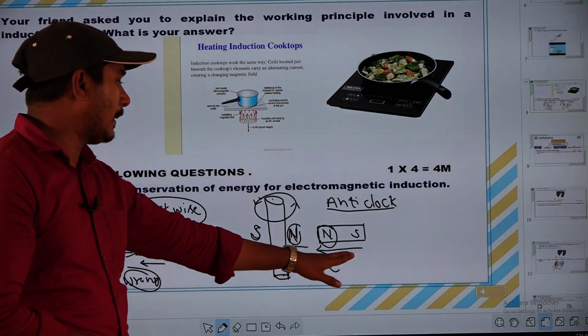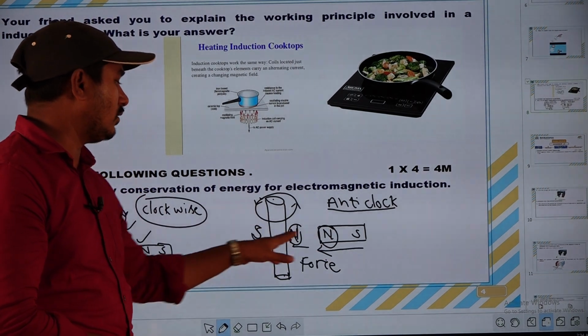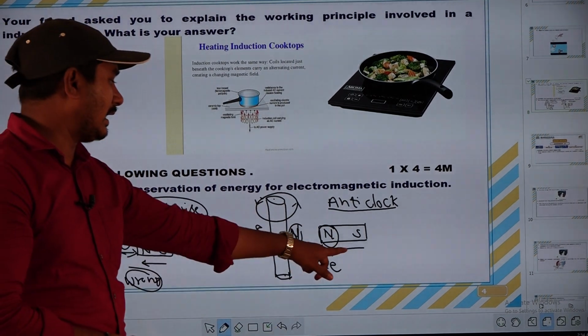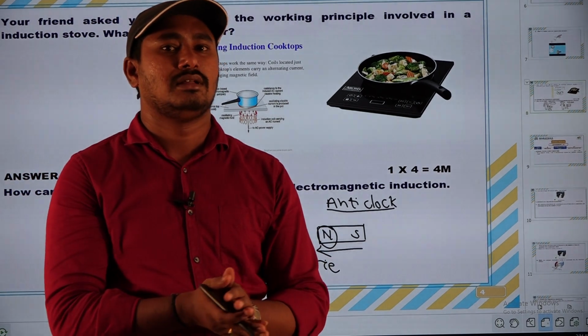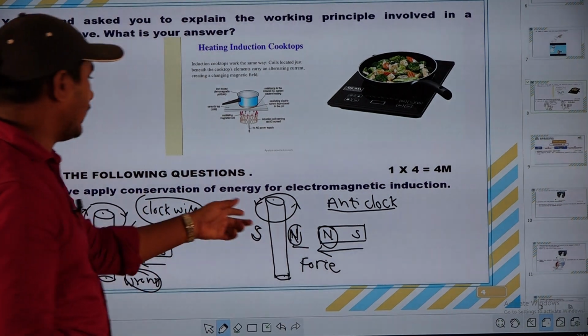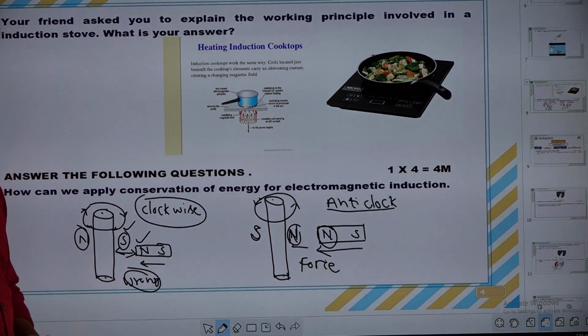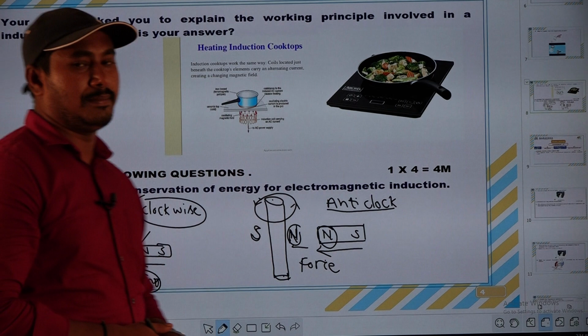Mechanical force is converted to electrical energy. So like that the energy is transferred. That is called conservation of energy in electromagnetic induction. So this is the answer for question number 5.